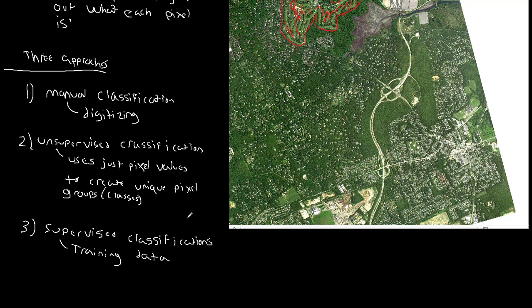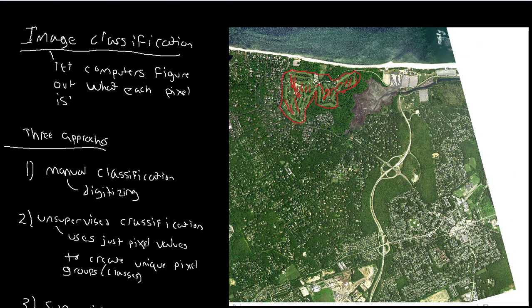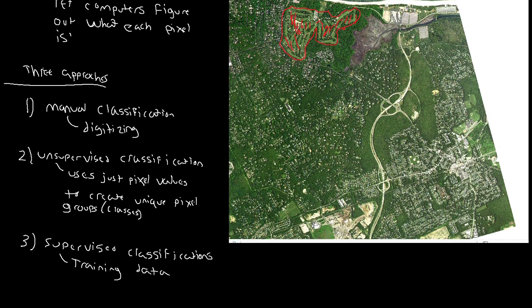So as with unsupervised, we just gave it the image and said, hey, algorithm, do your best. With supervised classification, we'll give it the image, but we'll also give it a bunch of pixels and say, hey, we have this pixel right here, right here, and right here. We're saying, hey, algorithm, not only do you have these pixel values in this image, but we also are telling you that these pixels right here represent trees. And we might say, hey, these pixels right here represent parking lots.